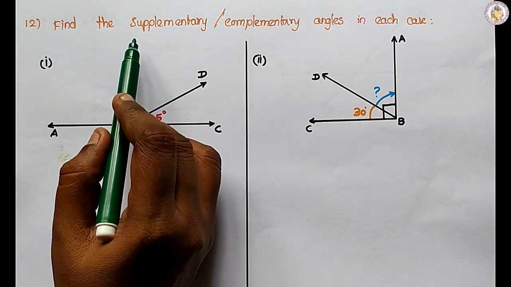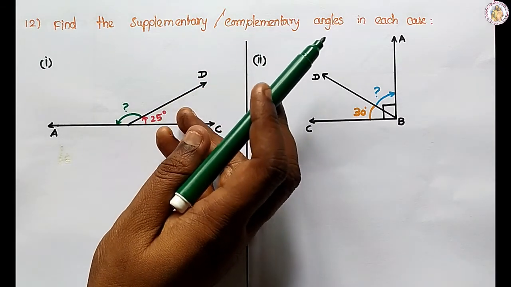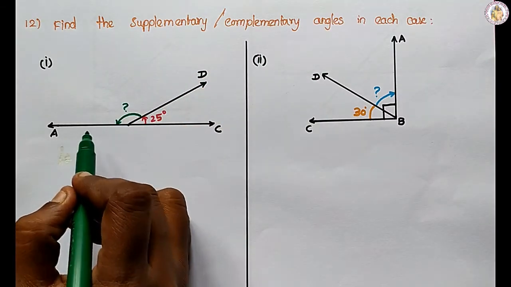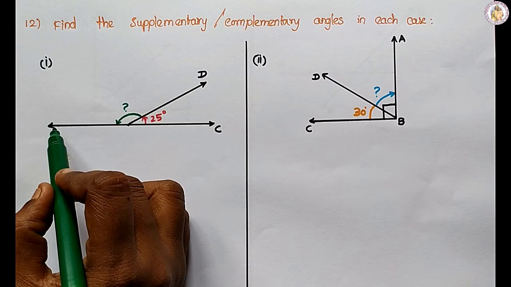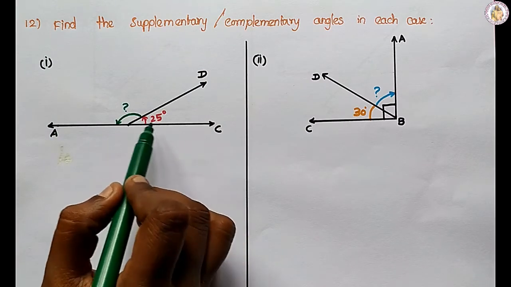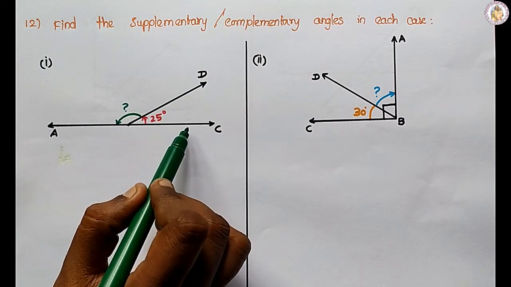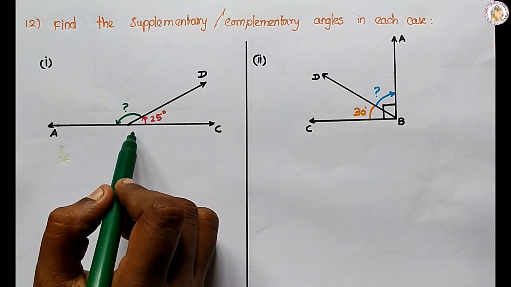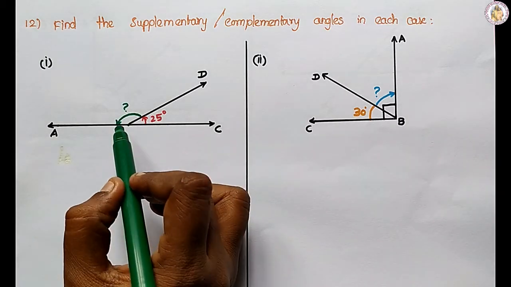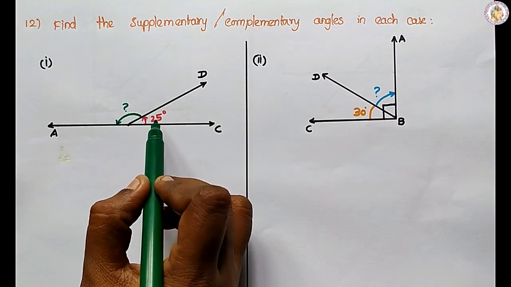12th one, find the supplementary and complementary angles in each case. Listen, they are given the figures. Here it is straight line, straight angle, that is 180 degree. That 180 degree is split into two angles.